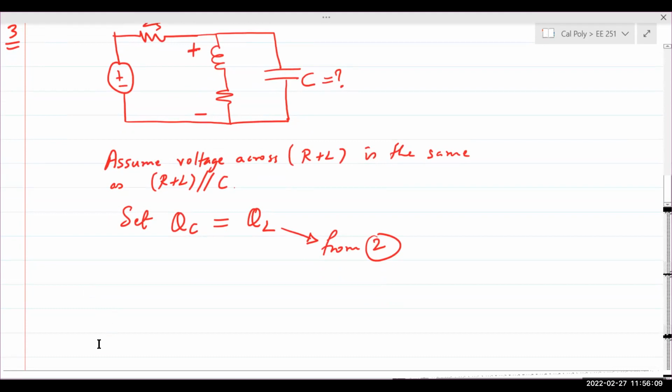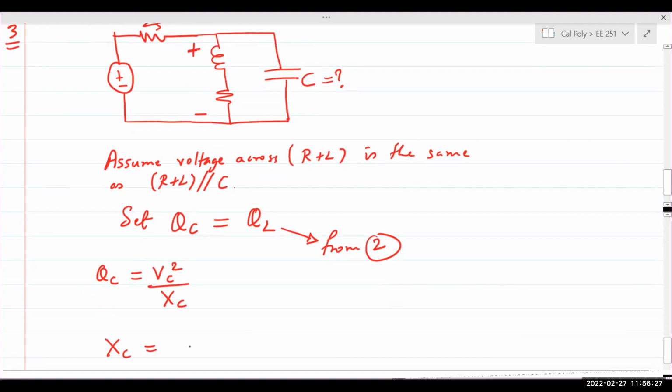So after that, the equations that you would need are these. QC, you can write as VC squared over XC, right? So you solve for XC.